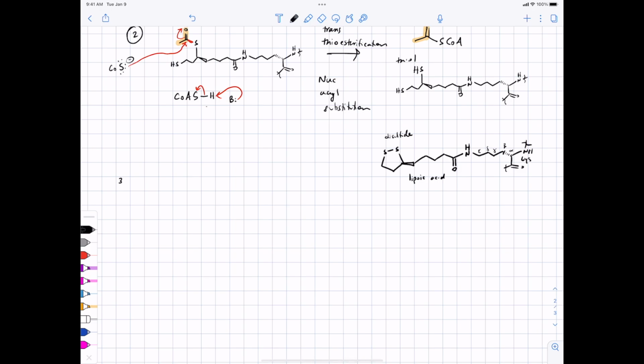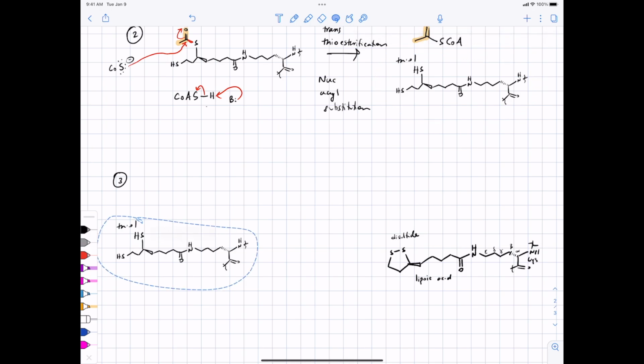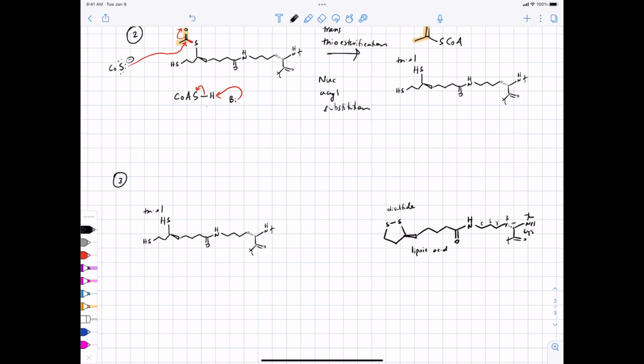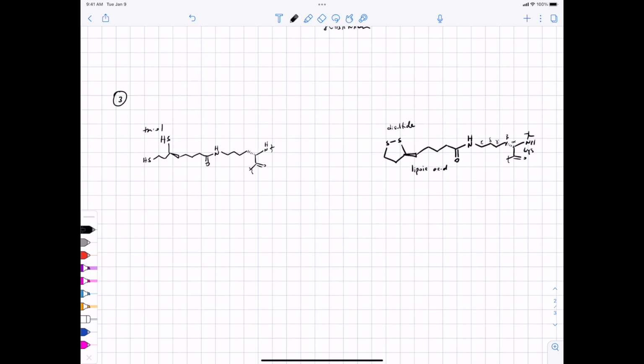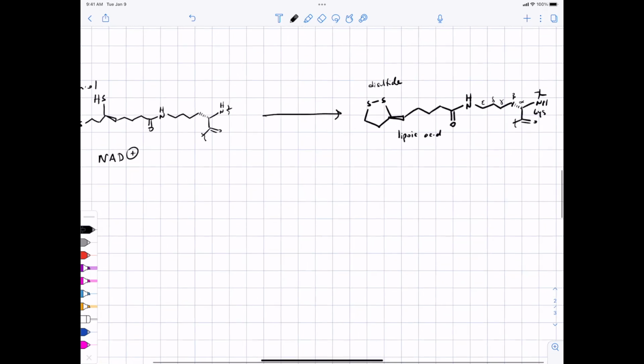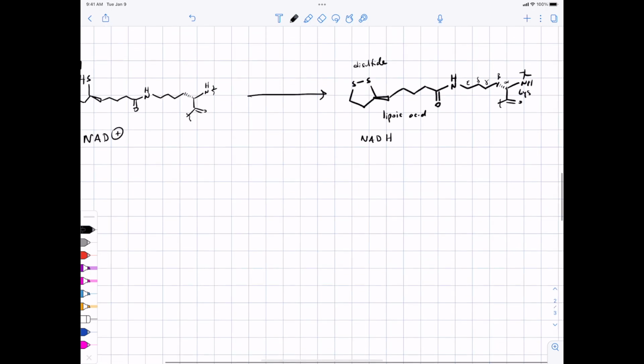It's a little bit complicated, so we're not actually going to do the mechanism of that step. I'm just going to show you what happens. So basically you use NAD plus and you get NADH out.